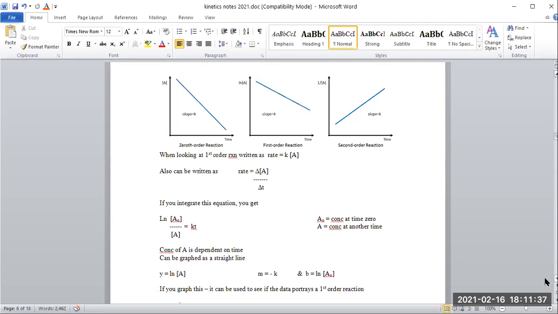Now, this is another problem I had with Microsoft Word. That natural log doesn't just affect the top item there. The natural log actually is on the outside.